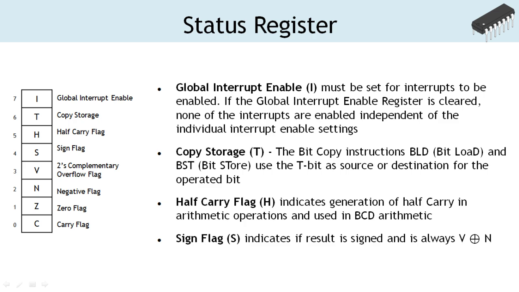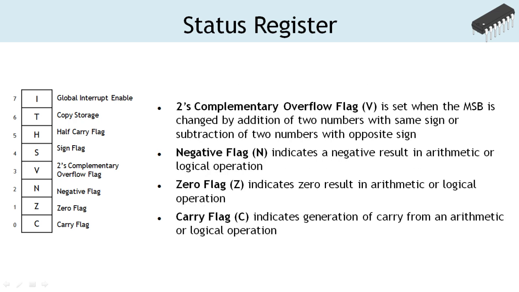Sign flag indicates the result of an operation is signed and is always exclusive OR of overflow flag and negative flag. 2's complement overflow flag is set when the most significant bit of the result of an addition of two numbers with the same sign is changed. That means the addition of two positive numbers has resulted into a negative number.